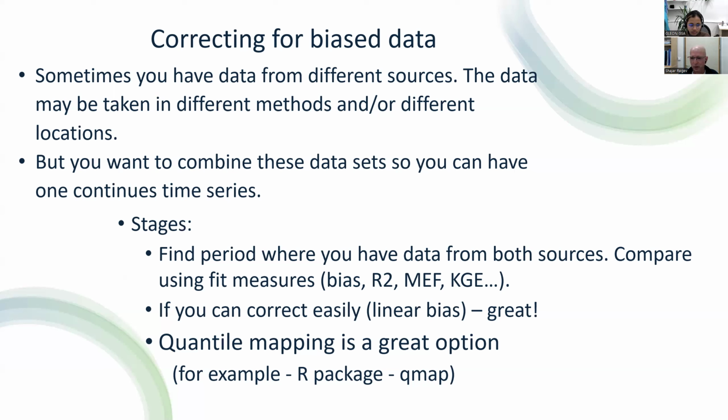And one of the tools, out of a few options, is quantile mapping. It's a great option, and I think it's easy to use. I use the QMAP R package, but I think there are even more options.